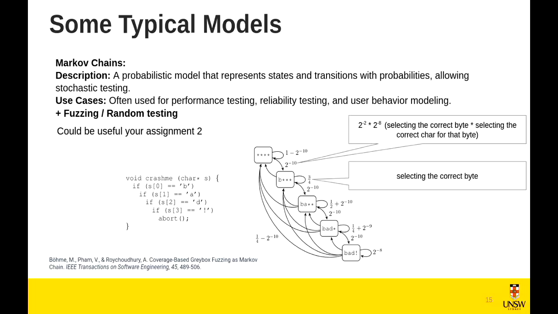We can use it to estimate how many test cases we need, or to evaluate the value of different test cases. So this is why we care about probabilities here. But we will learn more later about random testing and fuzzing.